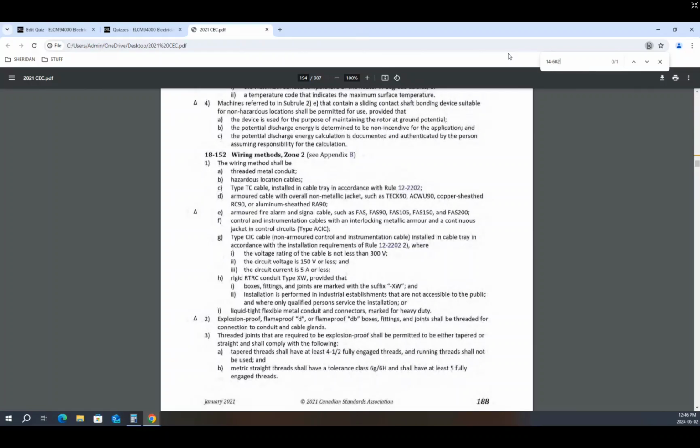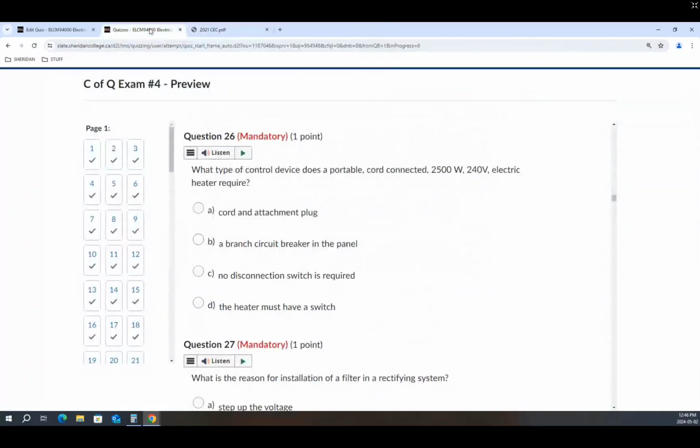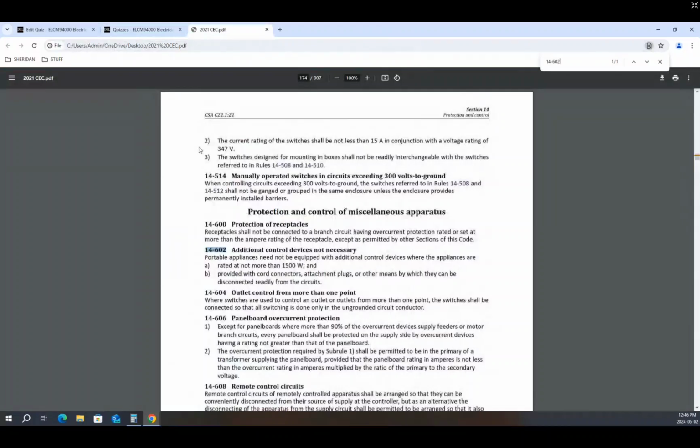So we're in protection and control. It's asking what type of control device does this require? So that's why I've gone to protection and control. So protection and control of miscellaneous apparatus. Additional control devices not necessary.